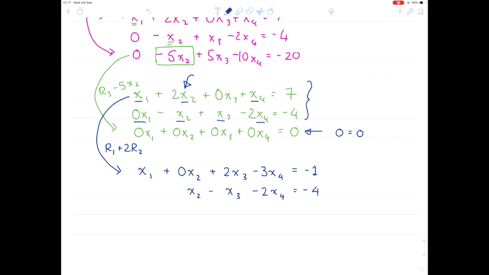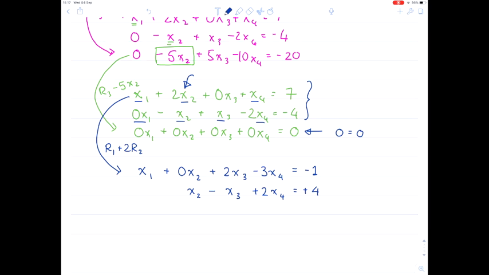I'm going to have minus there, and a plus there, and a plus there. So notice what's happened. We've gone from a system of equations with 4 unknowns and 3 equations, to 4 unknowns and 2 equations. And I'm pretty sure that you remember from school or from an earlier maths course, if you want to solve for 4 variables, you need 4 equations. So what can we do here?